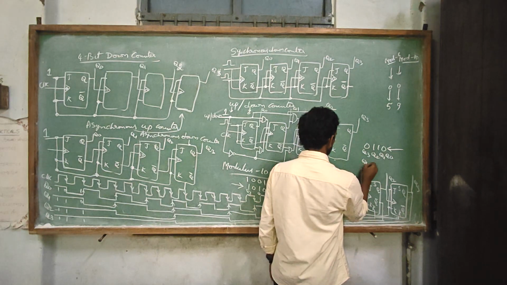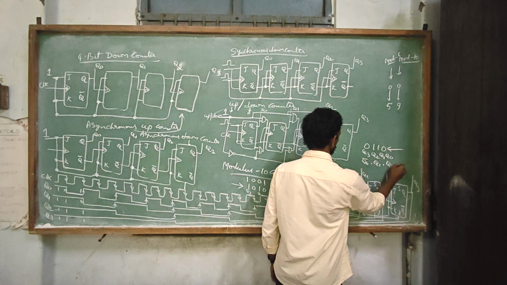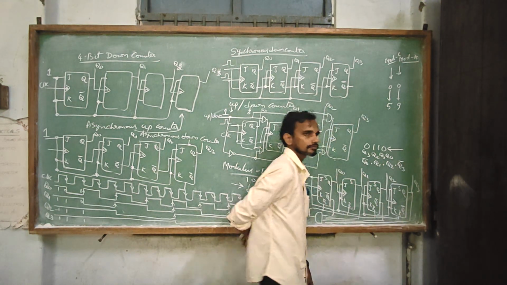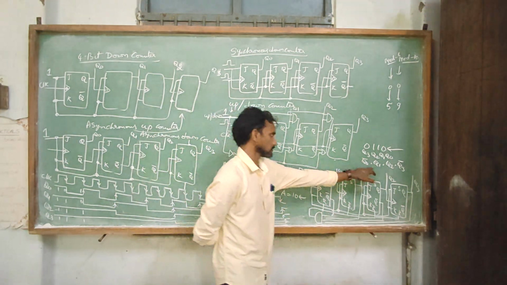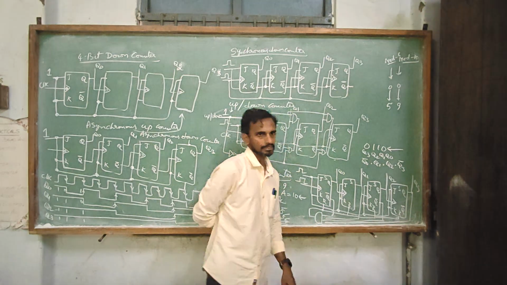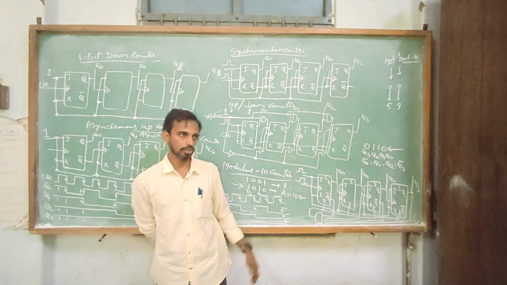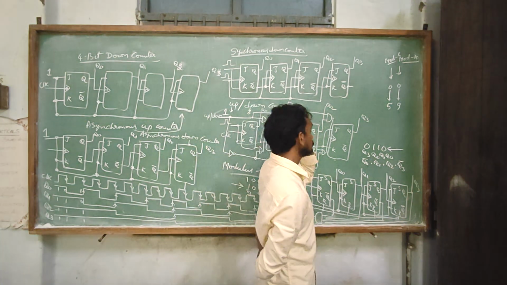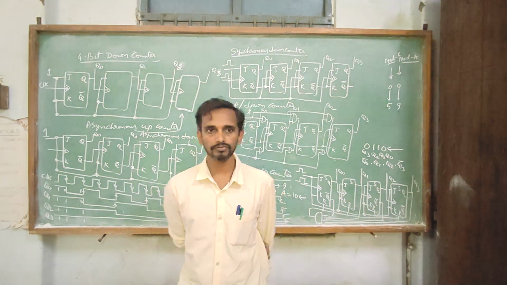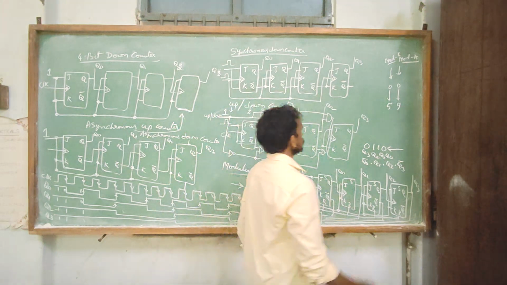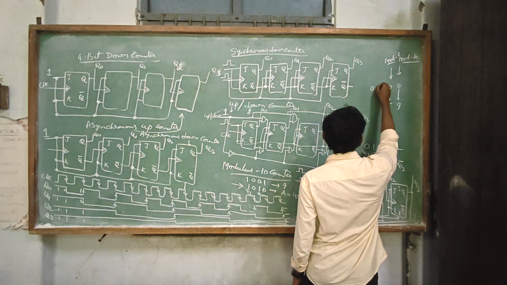So we have to give Q0 bar, Q1, Q2, Q3 bar. So these are the inputs that you have to give to the resetting AND gate for the mod 6 counter. So the mod 6 counter counts from 0 to 5 and resets when the counter goes to 6. So we require two such counters, one for the seconds counter, another for the minutes counter.